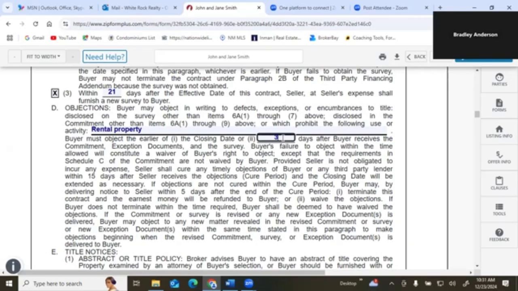So I usually put in 3 days after the buyer receives the commitment. Some agents will purposely leave this blank to try and run out the clock to say, oh yeah, well, we didn't put any date in there, so they have until the closing date. So I don't really support that. I mean, I think that we should all play fair. So I would just put in 3 days.